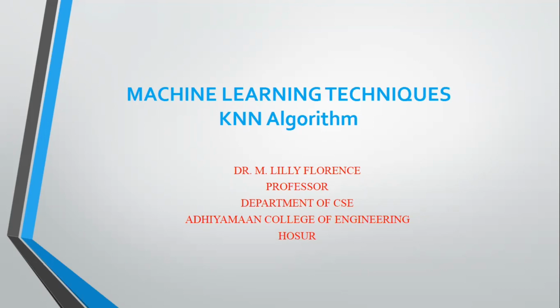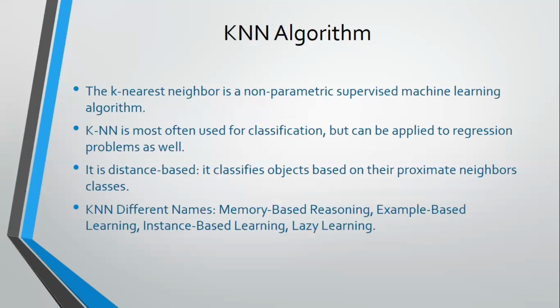The K-nearest neighbor algorithm is one of the simplest and easiest to implement. We can call KNN a non-parametric supervised machine learning algorithm. It comes under supervised learning since the data set we use here is either a labeled or continuous data set.